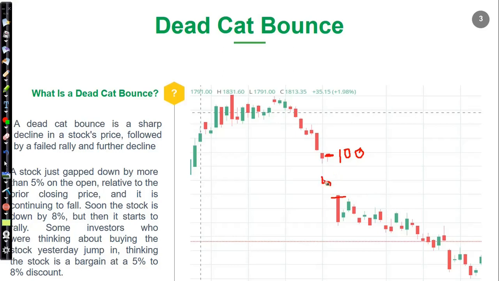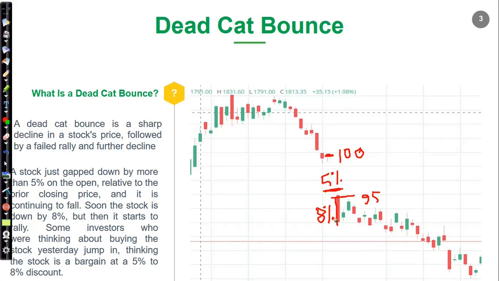down by 5%. Now let's see, the next day price opens around 95 rupees, and again price continues to the downside, and this 5% now has become 8%.